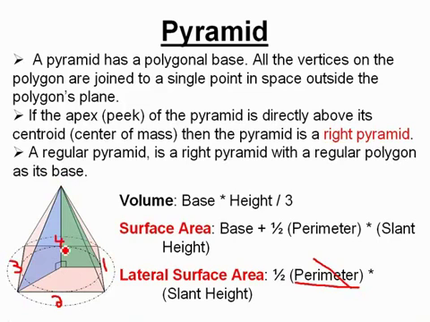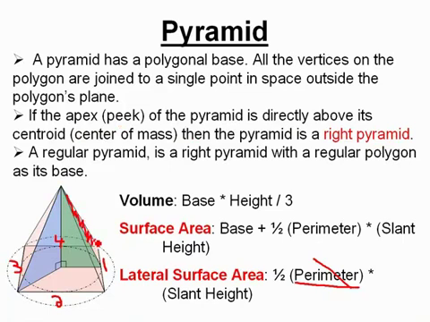Since we're dealing with right pyramids, that means the peak, the apex, is directly above the center of mass or the centroid. This means that all the slant heights are going to have the same length. So, I'm only going to illustrate this for one piece of the pyramid, and you'll have to take my word on it for the others, or you can do it yourself.